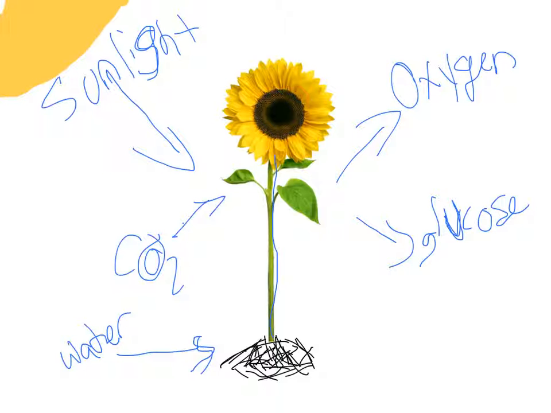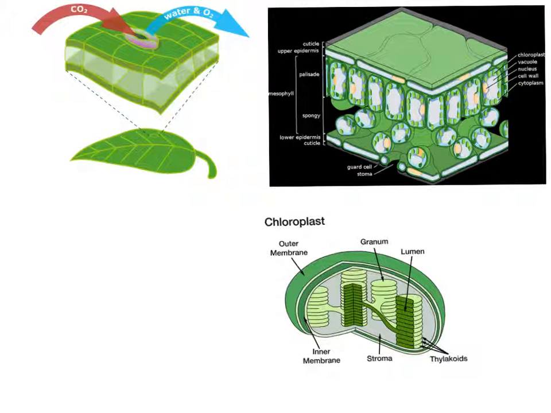And where photosynthesis occurs. Photosynthesis occurs in the leaves. For the stomata, which absorbs carbon dioxide and sunlight, as you can see here, carbon dioxide goes in, water and oxygen go out.